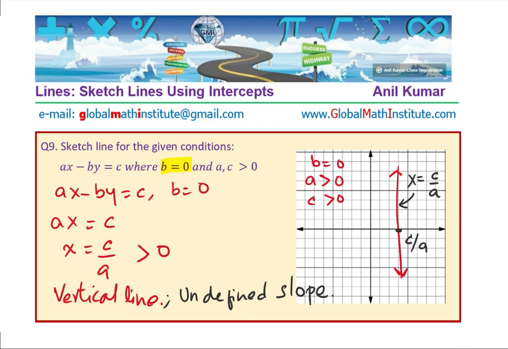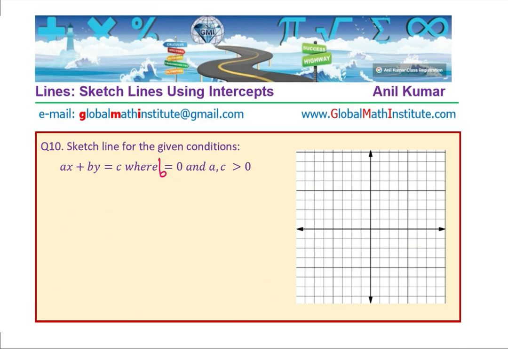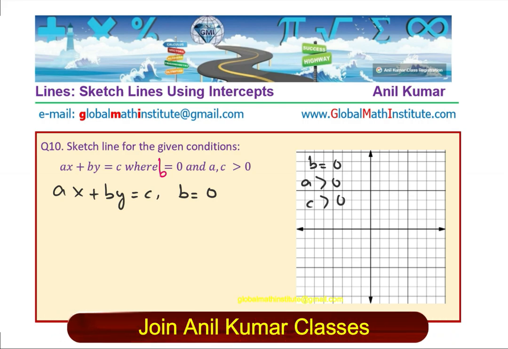Now let's look into the last question. I'd like you to pause the video, answer this, and then look into my suggestions. So we are given the equation, which this time is ax plus by equals to c, and we are given b equals to 0, correct? So b is equal to 0, and a is greater than 0, c is also greater than 0. All are positive.